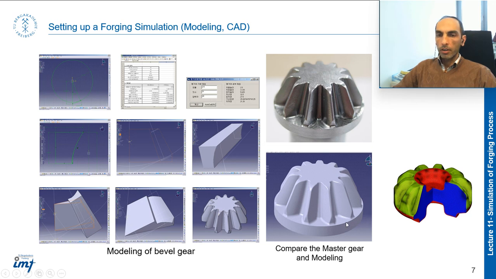When we want to obtain the die, you should determine where the separation line is, and think about how and where you should design the flash for the forging, and some other parameters. But the die cavity is obtained using this master gear model.